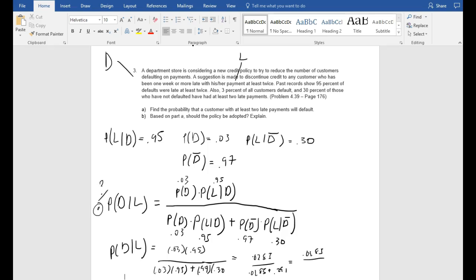The whole thing equals 0.0892. So that's using Bayes' theorem to solve the problem.